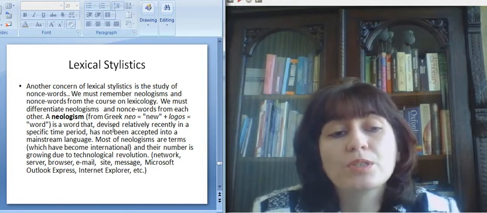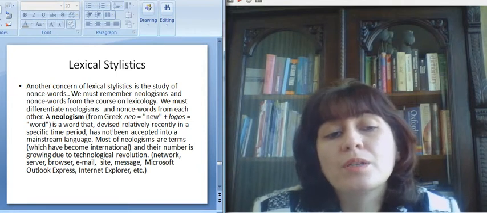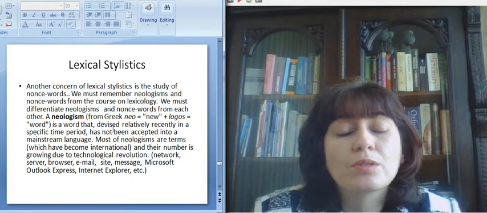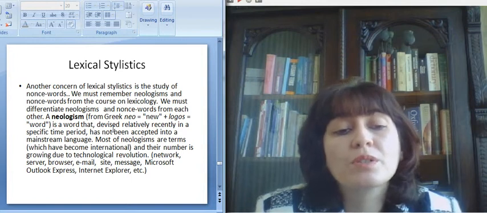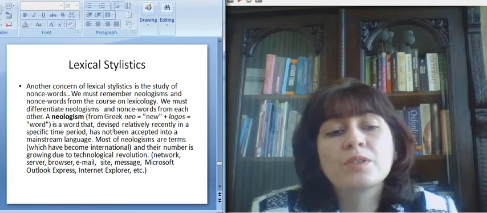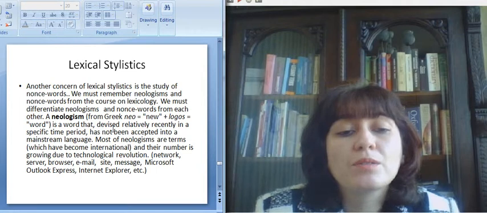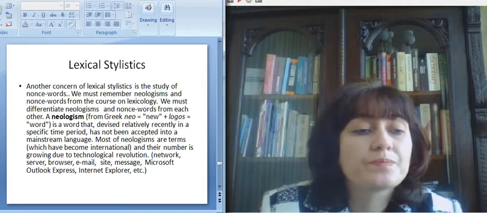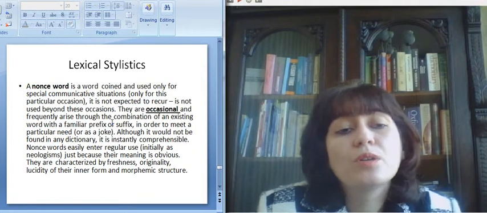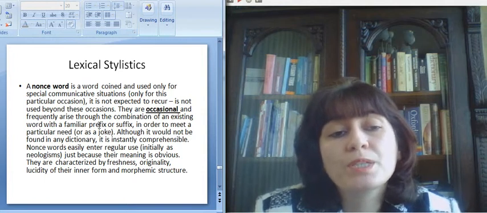A neologism, which is a Greek word meaning "new word," is a word devised relatively recently, in a specific time period, that has not been accepted into the mainstream language. Most neologisms are terms which have become international, and their number is growing due to the technological revolution, such as network, server, browser, email, site, message, Internet Explorer, etc.